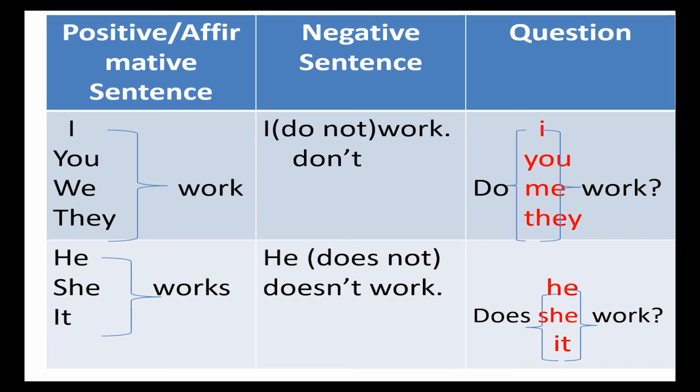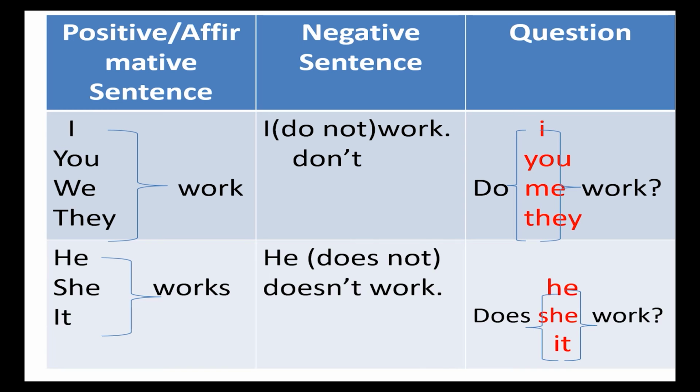So why here is again do not and does not here? When the subject is first person, second person and third person plural, we use do not or don't. And when the subject is third person singular, that time we use does not or doesn't.